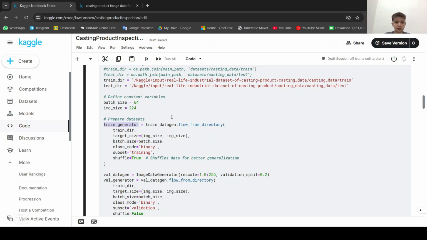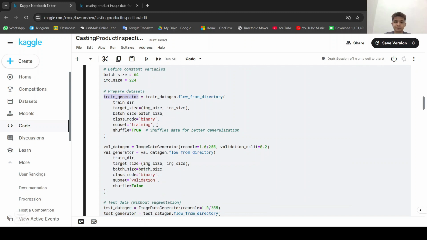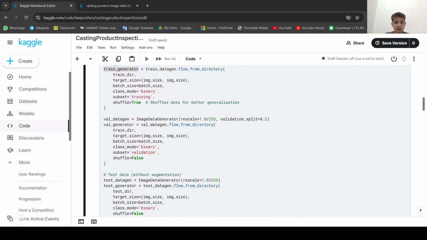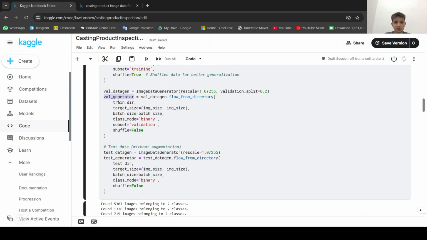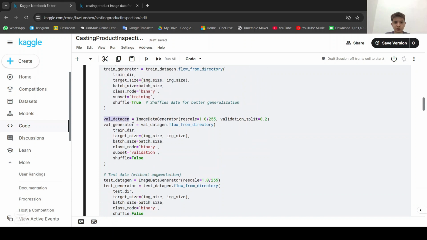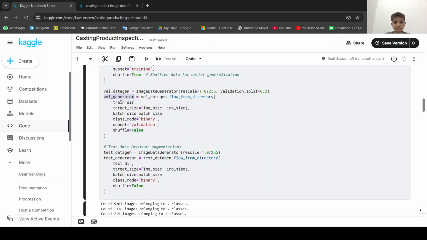The same goes for the validation generator, but the difference from the training set is that we are only rescaling the pixels and splitting the training data, setting the validation split to 20% of the training data.